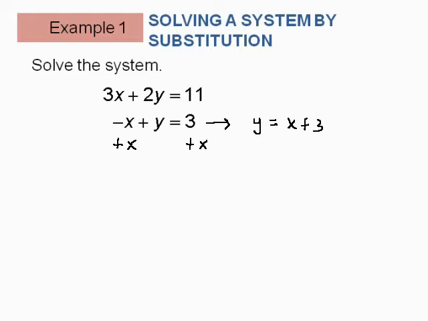Now, why they call this substitution is, once you solve for y, because remember, we're trying to figure out what point, if any, is the solution for both of these lines, I'm going to take that x plus 3 and put it back in the first equation for y, thusly named substitution.